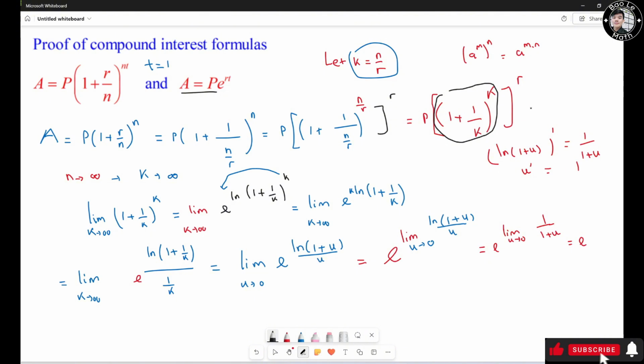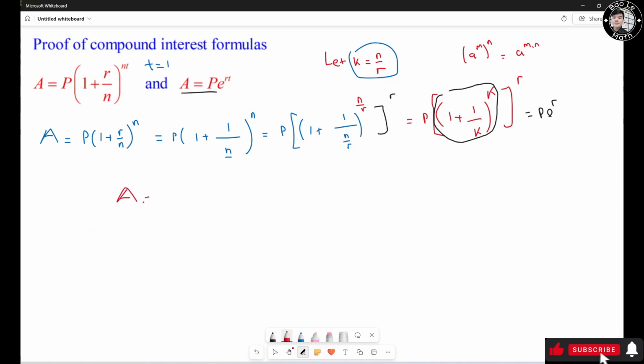So this can be written as p times e to the r. Finally we have a equals p times e to the r.